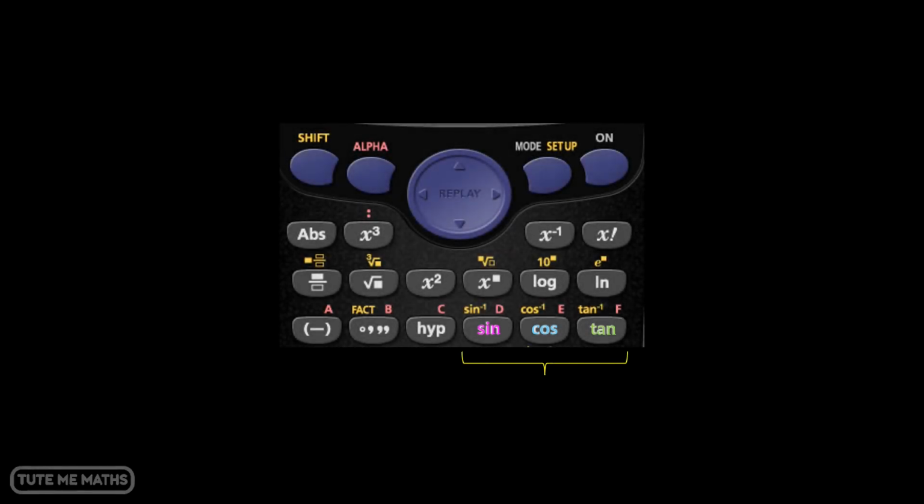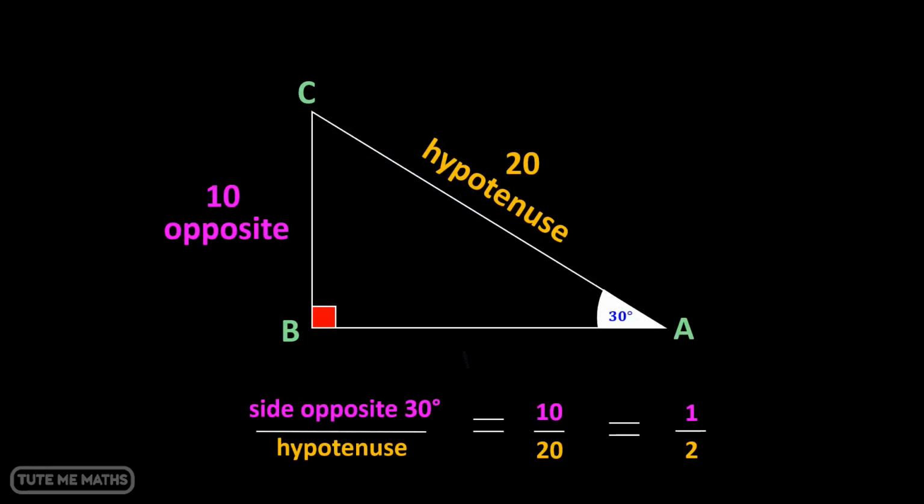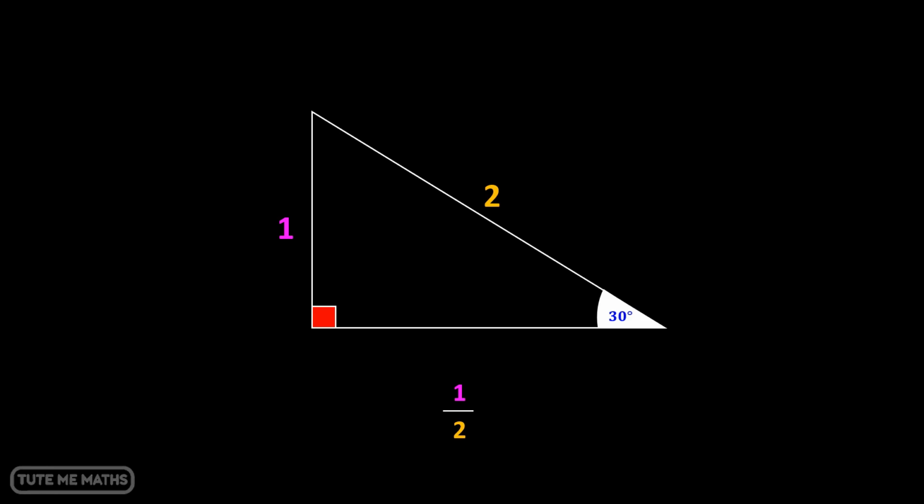In this video, we focus on the trig ratio buttons on your calculator, looking at what they do and how to use them. Remember that the whole point of the three trig ratios is that for an angle of given size, such as 30 degrees, the values of the trig ratios do not change, no matter how big or small the right triangle is.